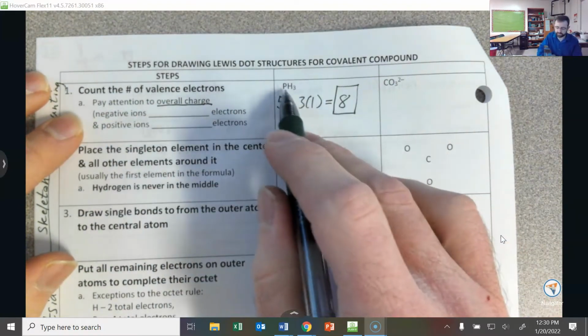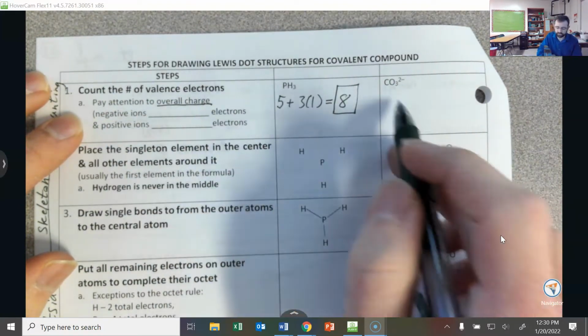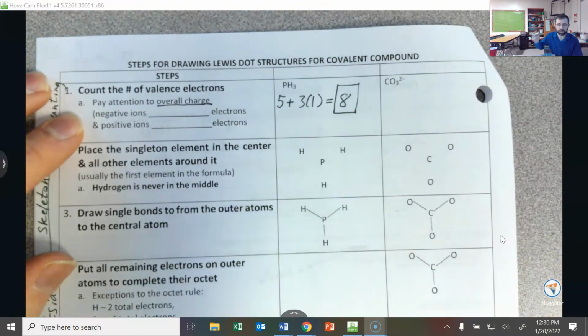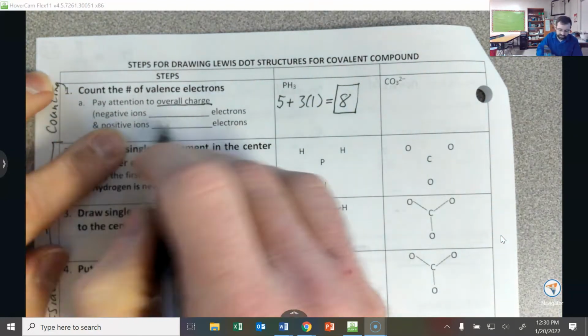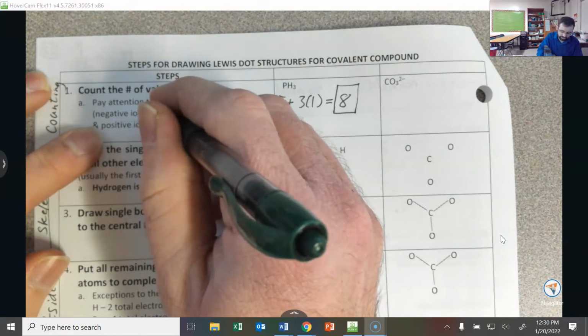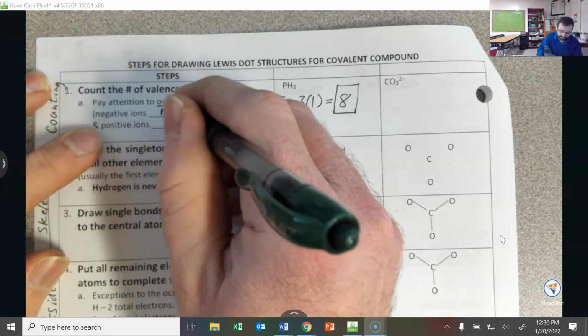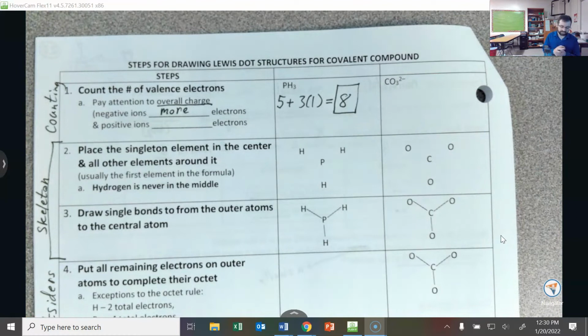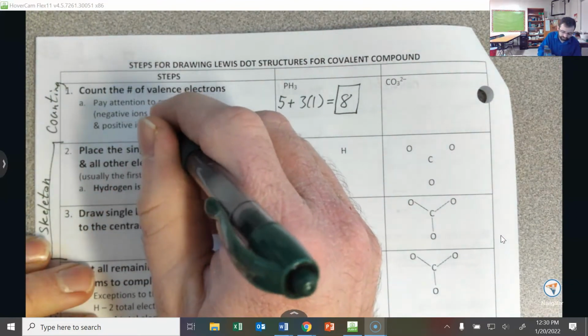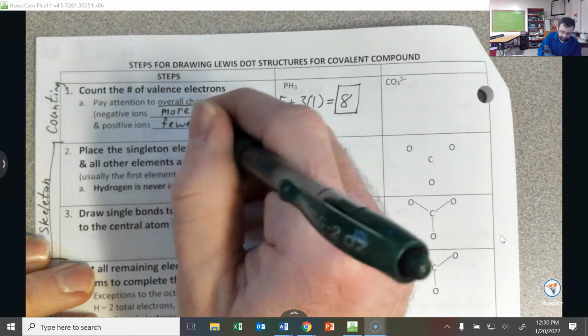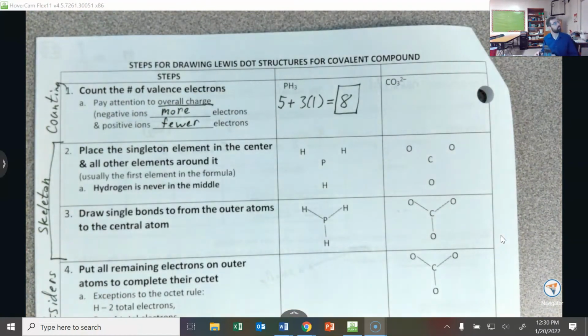It doesn't apply here because there's no charge on this. But if there was a charge like -2 or +1 or whatever, negative ions have extra electrons, or more electrons. And positive ions have fewer electrons, or less electrons.